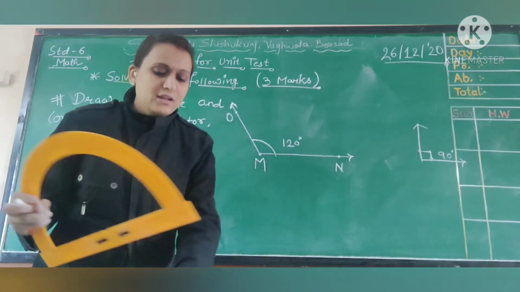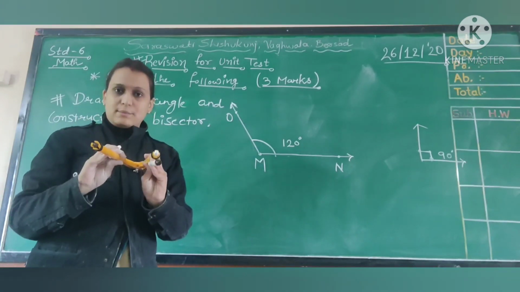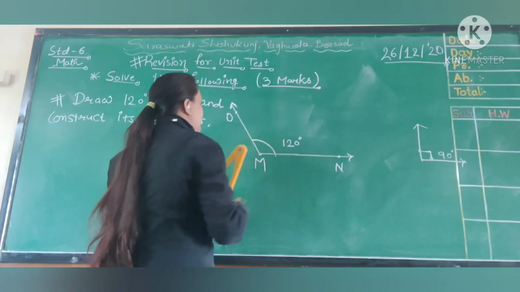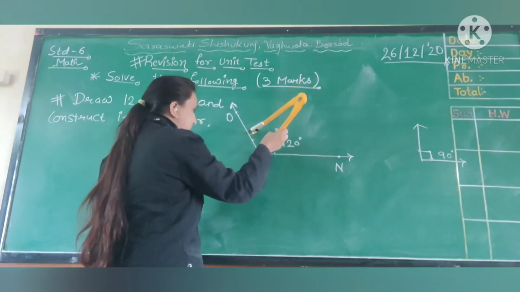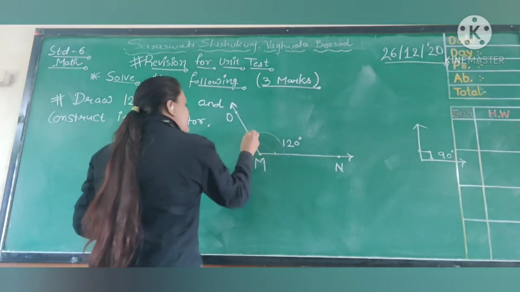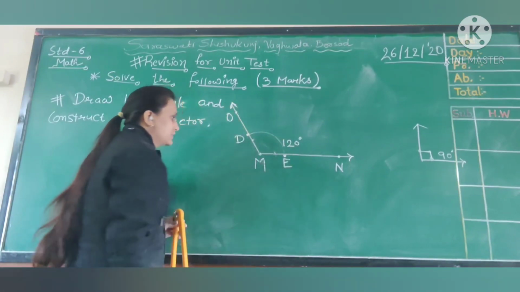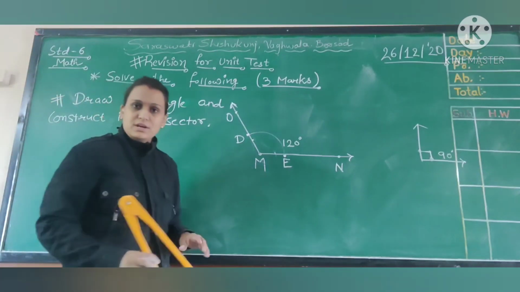Now with any radius, with the help of a compass, fix your point on M and draw one semicircle. Now let us give the names D and E. Now we want to draw the bisector of 120.